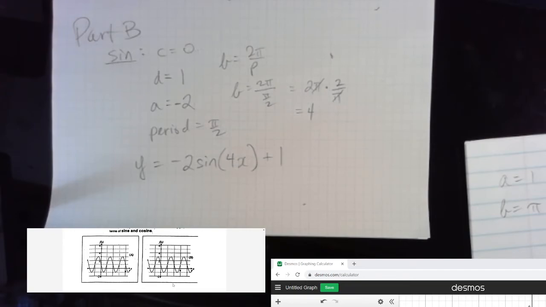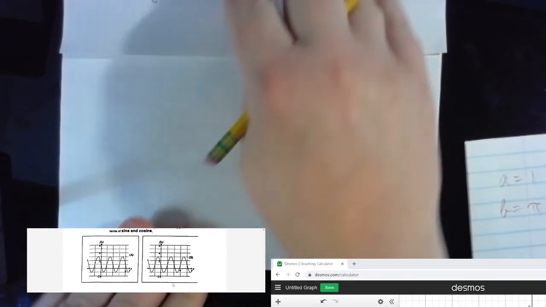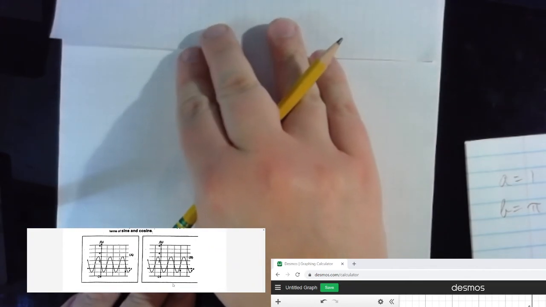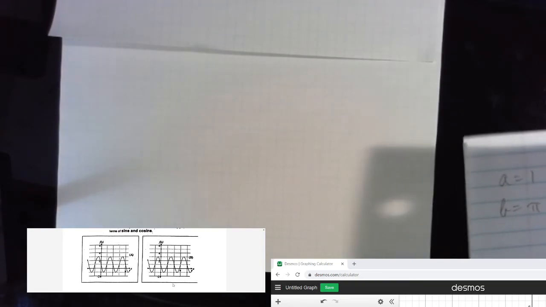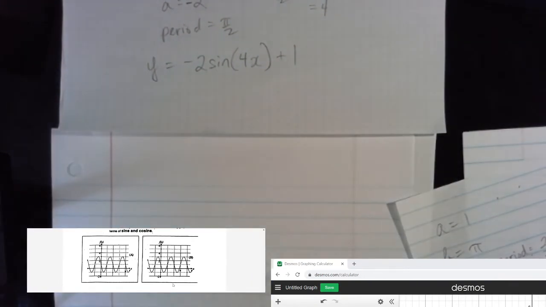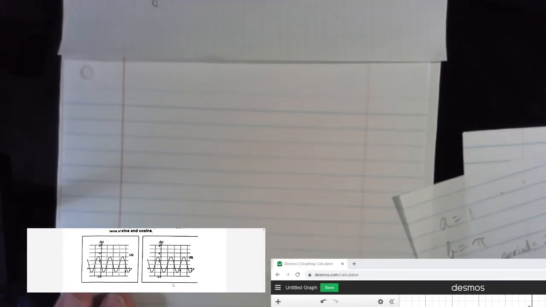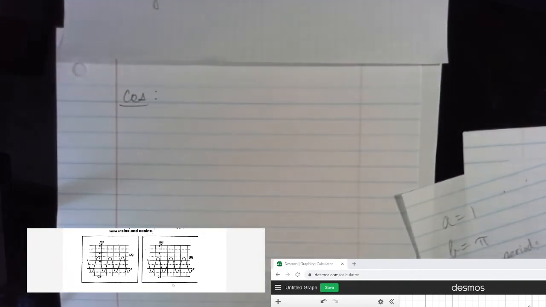If I'm in sine, let's do that if I was in cosine. Okay, so in cosine, let me just do that on here. Now the cosine graph definitely starts at its crest, at its maximum.